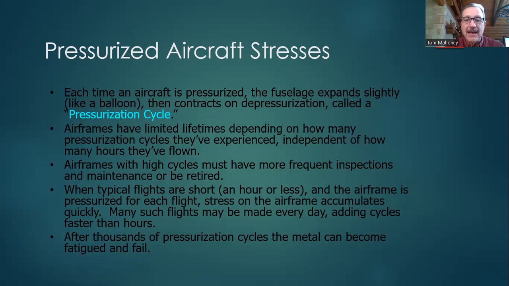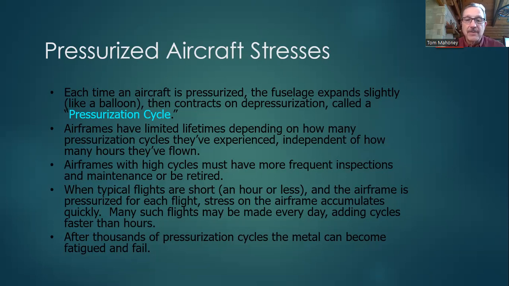Airframes have limited lifetimes depending on how many pressurization cycles they've experienced, independent of how many hours the aircraft actually flies. So very often, the aircraft isn't taken out to the desert park because of how many hours it has on it. It's more a factor of how many times has it been pressurized and unpressurized.